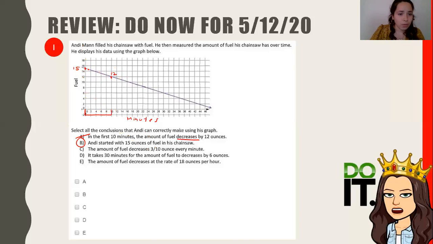Give me a second with this one. Okay, so we can use slope for this one. Okay, so I see what you have for that one. It says 0.3 of an ounce. So if we were to look at our slope, oops.